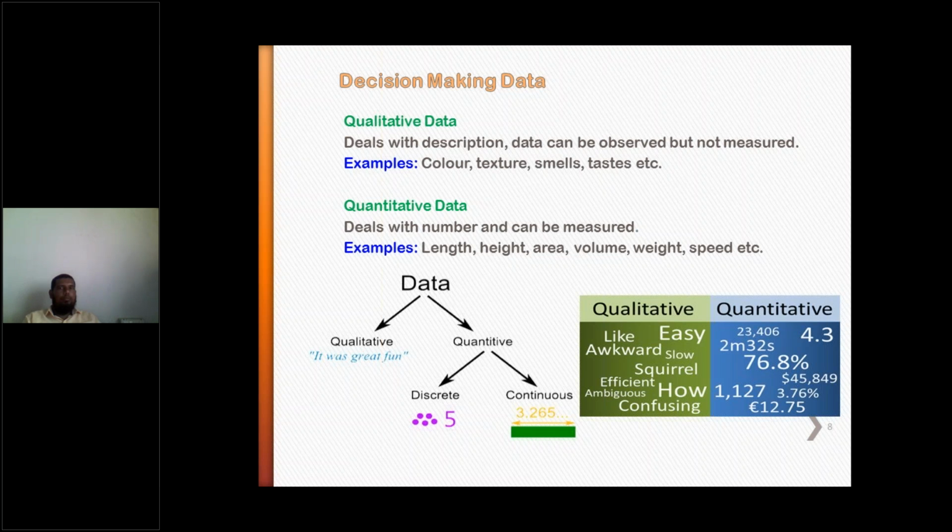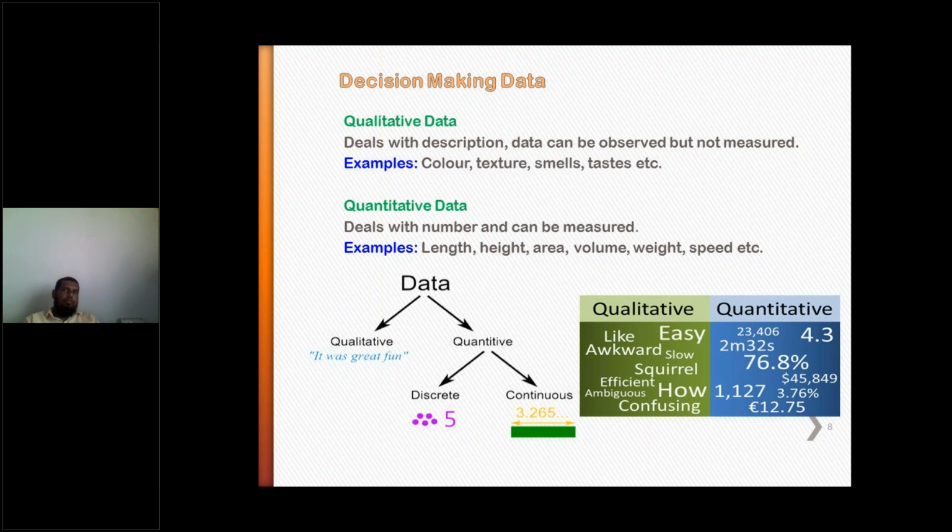Okay. And the second one, quantitative data, deals with numbers and can be measured. For example, the number of participants in the FDP program, the value can be quantified. The number of customers accepting a particular product in the market, that value can be quantified. The number of employee turnover of a company per year, that value can be quantified.